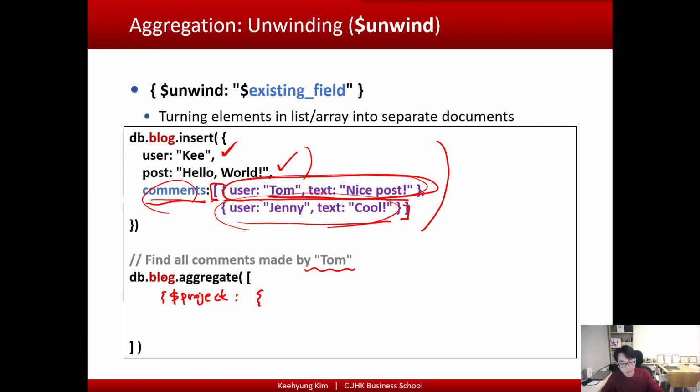We are only interested in the comments, so we can only include comments as a result. So we can use this project operator first, and then we can use the Unwind operator to transform all the elements in the comments list like this.